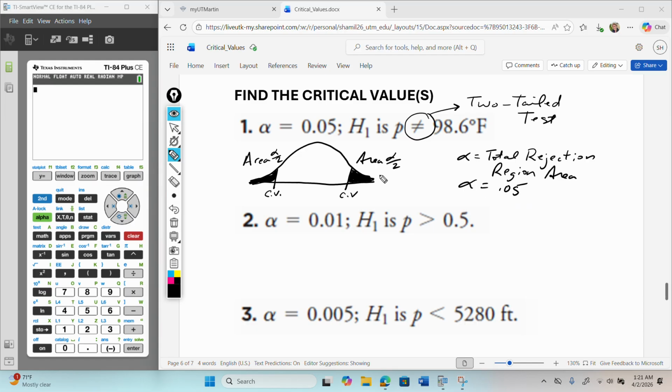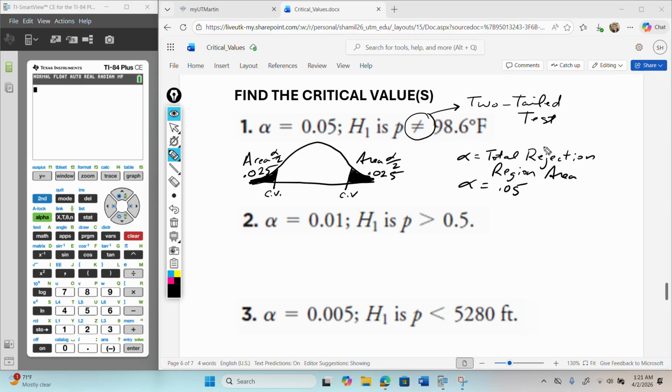And 0.05 divided by 2 is 0.025. Okay. So to find these critical values, if I find this left one first, then I'll automatically have the right one. It'll just be the absolute value.